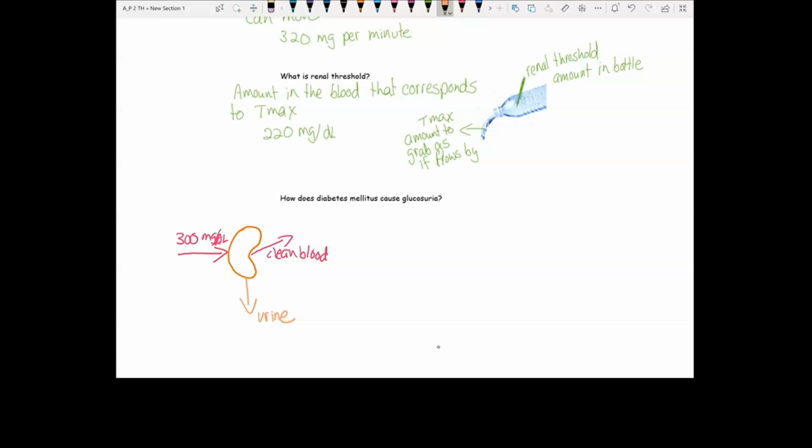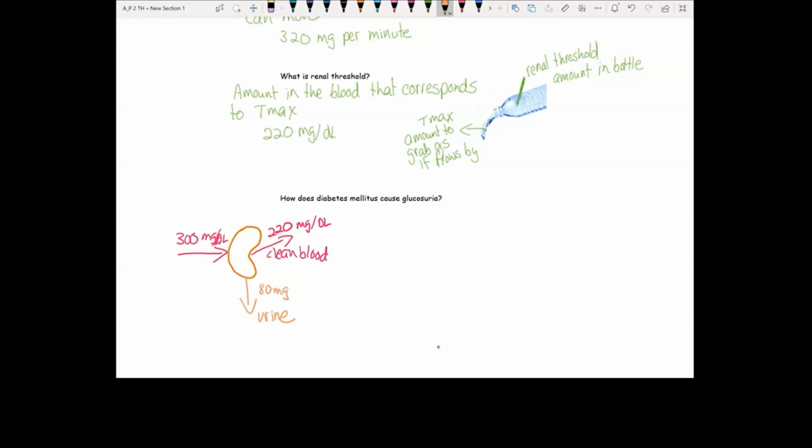So the Tmax is 320 milligrams per minute, which corresponds to 220 milligrams per deciliter. So that means we have an extra 80 here that the transport proteins won't be able to get. So in the clean blood coming out, we will have 220 milligrams per deciliter. And in the urine going out will be the other 80 milligrams.